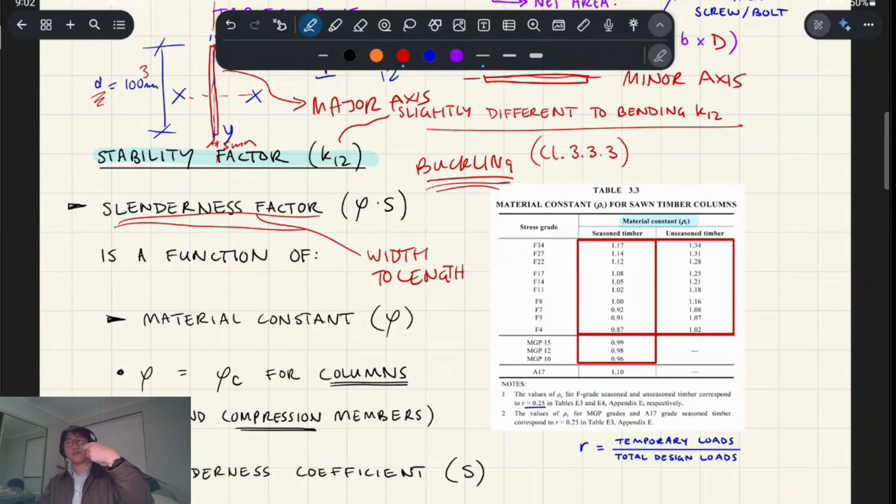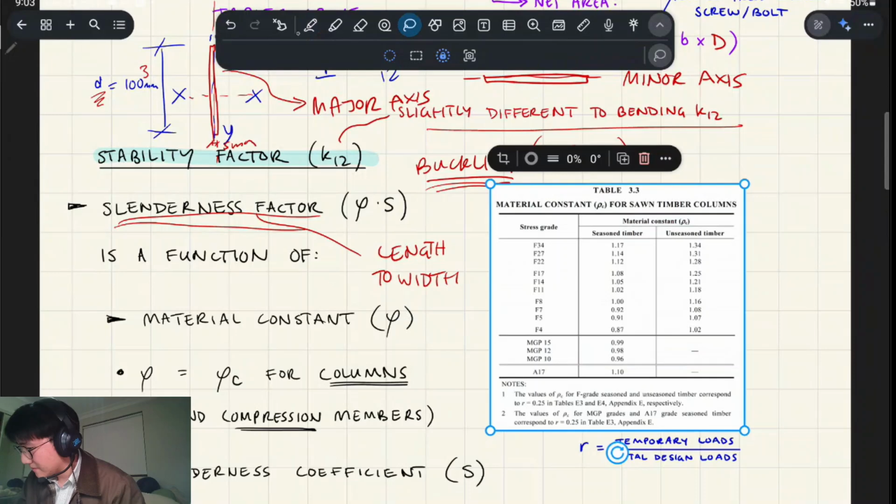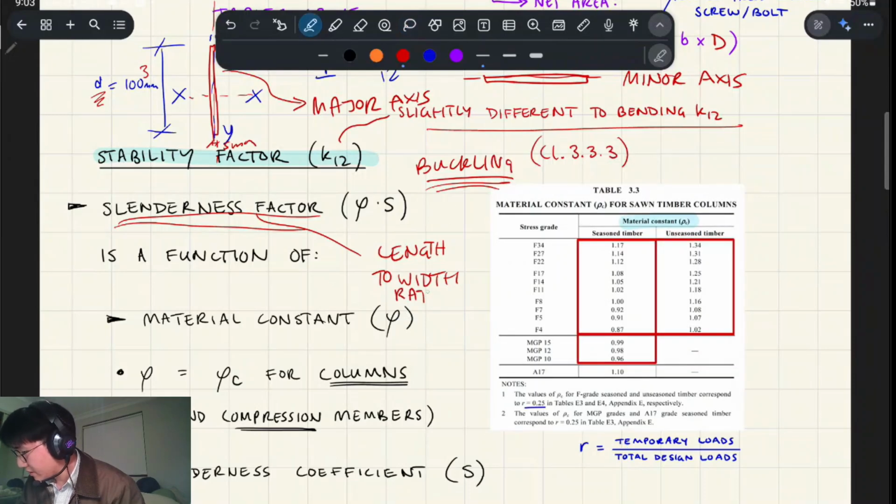It's probably 3 mil, 2 mil. I don't know. It's very, very thin. So it has a very high length to width ratio. Length to width ratio is your slenderness ratio.